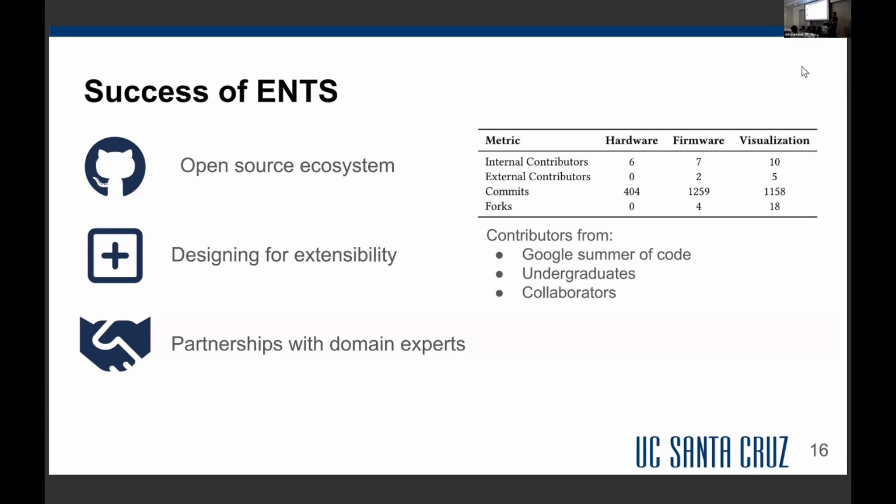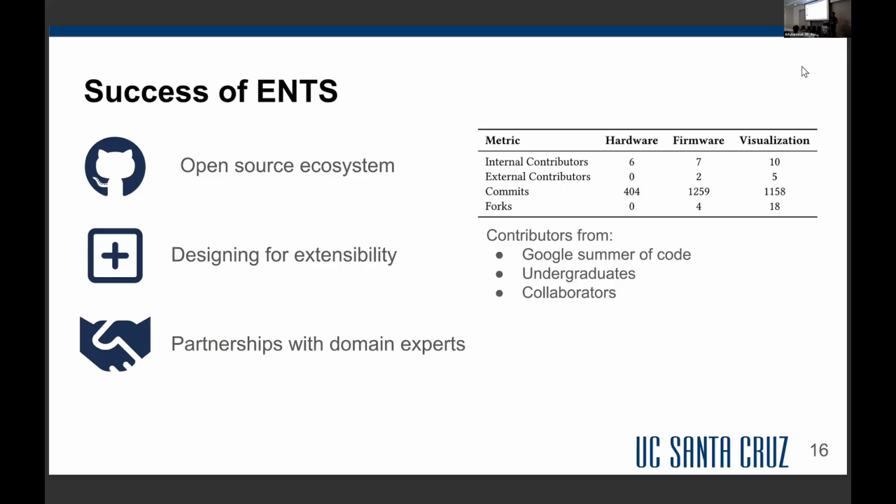I would attribute the main success of ENTS to designing it around open source principles. All our hardware, firmware, backend, and a few other supporting repositories are open source on our GitHub, which has allowed for a lot of transparency when we go to a group who are interested in using a device.